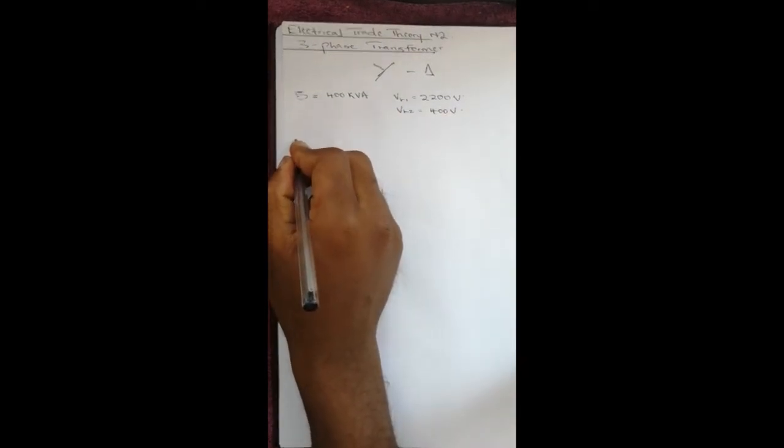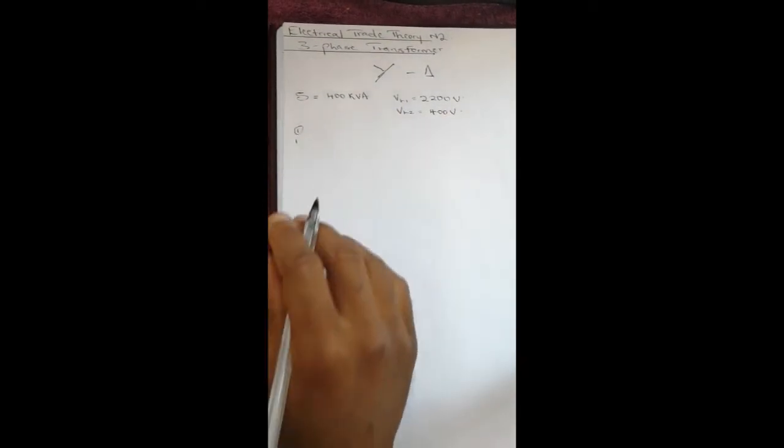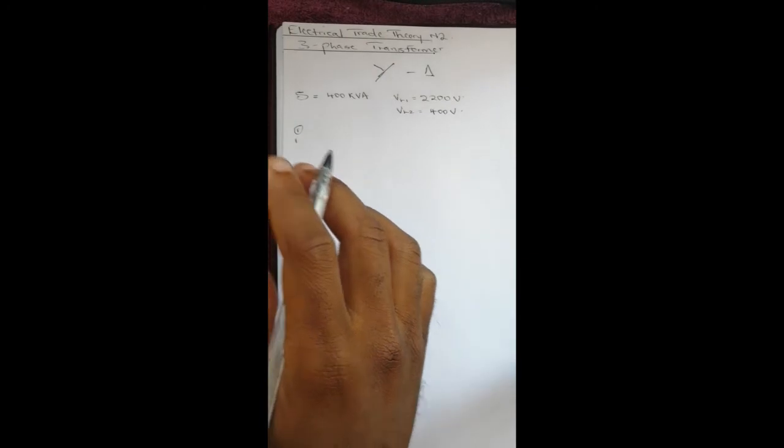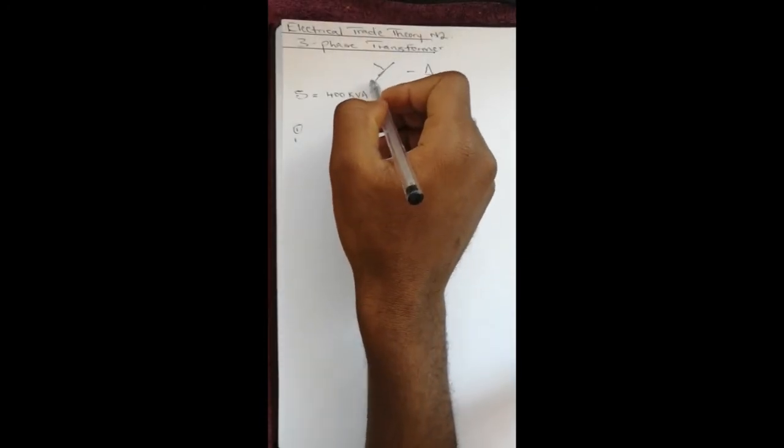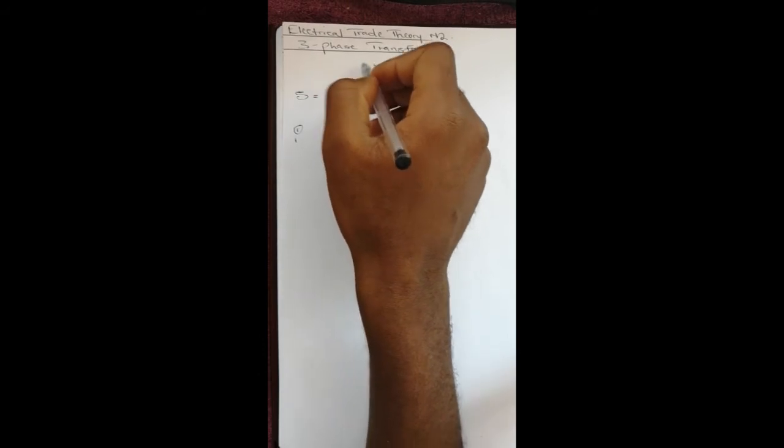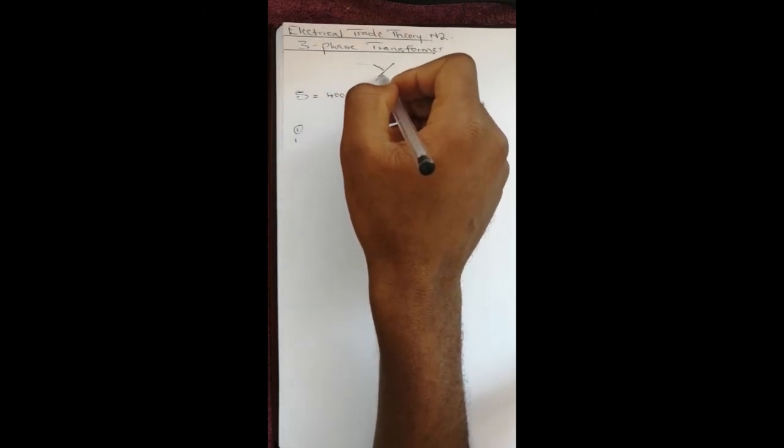And then number 1, we are told to calculate the primary phase voltage. Since it's a Y, we know that the V line is across two windings.